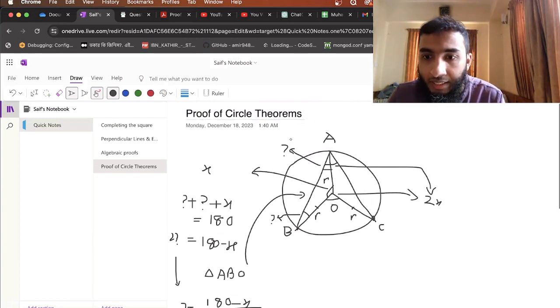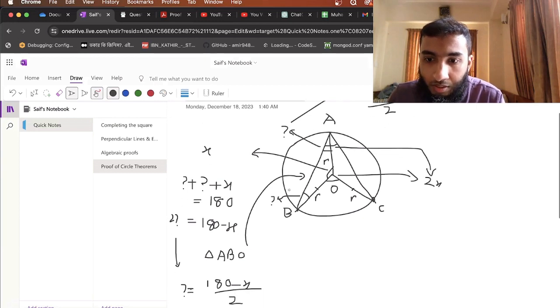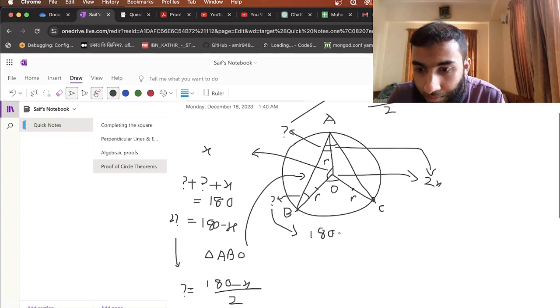So if we assume that this angle is X, then question mark is (180 minus X) by 2. So this is also question mark, so this is (180 minus X) by 2.